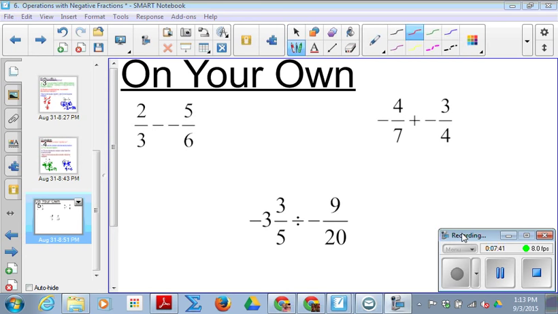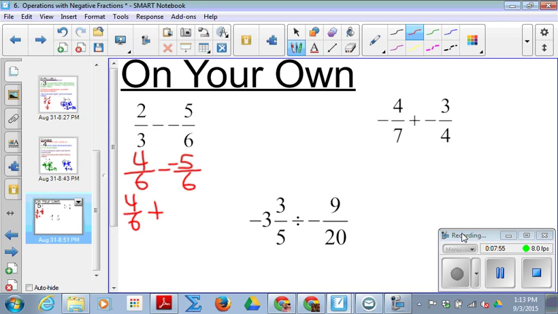2/3 minus 5/6 becomes 4/6 minus 5/6 for an answer of minus negative 1/6. I'm sorry. So that becomes plus. So we have 4/6 plus 5/6. We have double negative there. Becomes 9/6, which in lowest terms is 3/2 or 1 and 1/2.